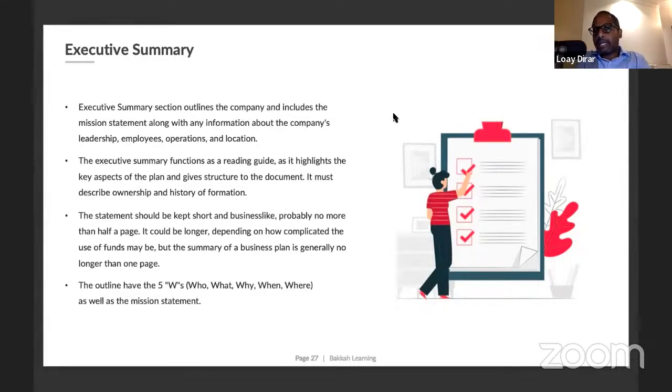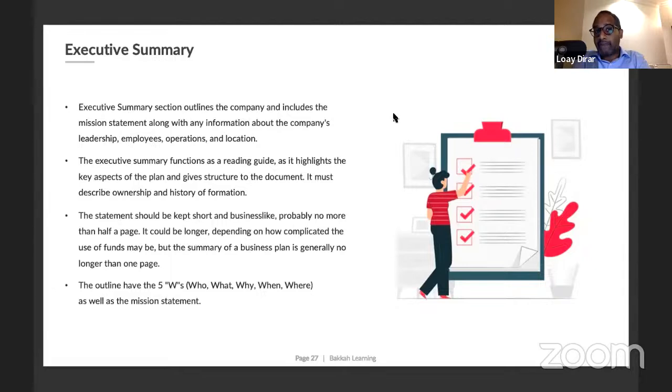Having a well-articulated executive summary will help to attract investors. This is how you're going to sell your idea. The more time you spend developing a well-articulated executive summary at the beginning of a business plan, the more it will help you hook and engage quickly with those who are going to support your idea.